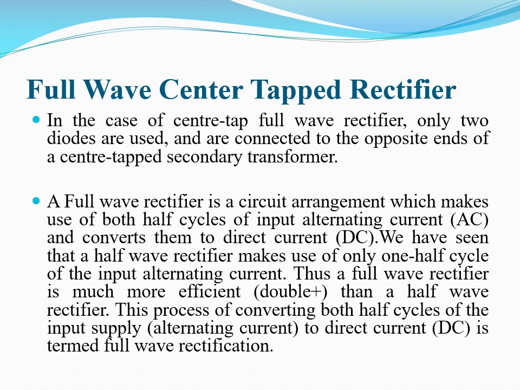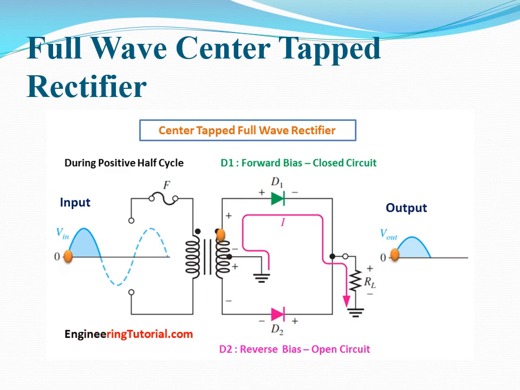Thus, a full wave rectifier is much more efficient than a half wave rectifier. This process of converting both half cycles of the input supply to direct current is termed full wave rectification. Now this is the diagram for the full wave center tap rectifier. For the positive half cycle, diode D1 will work, and for the negative half cycle, diode D2 will work.